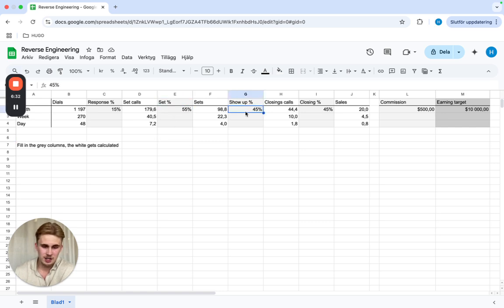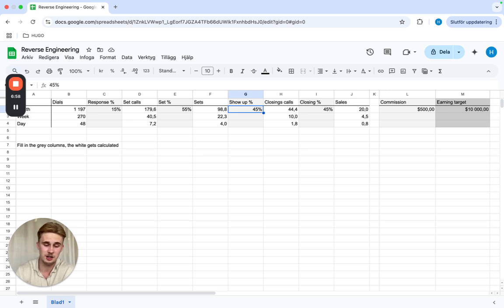But the next KPI here is the show rate, and even though the show rate here is the same as the closing rate, I would say that the show rate is a much lower hanging fruit to improve than the closing rate. It's so much harder to get the closing rate up, let's say you want to double the closing rate. That is a lot harder than doubling the show rate.